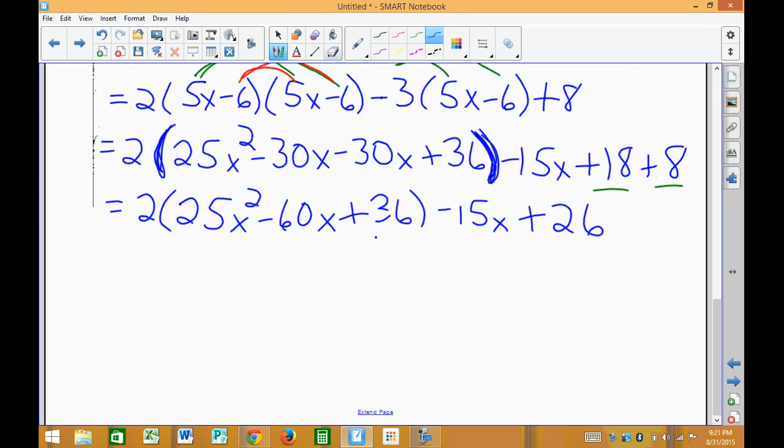Okay, so let's finish this up. We're going to go ahead and distribute the 2 now. Now when you distribute, you distribute to every single term.